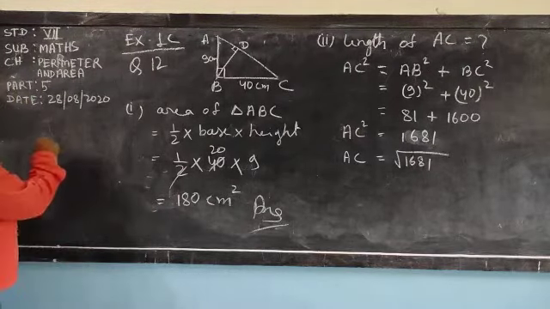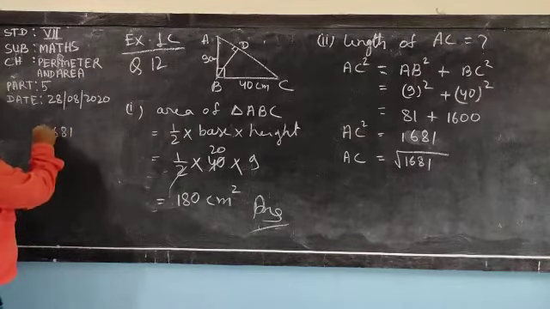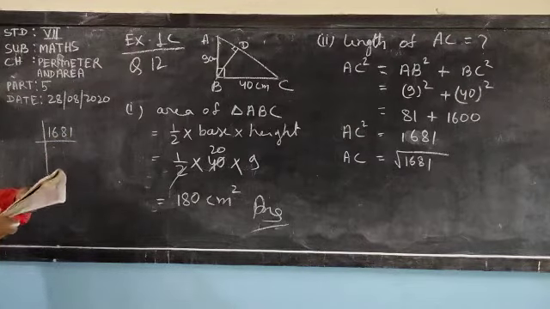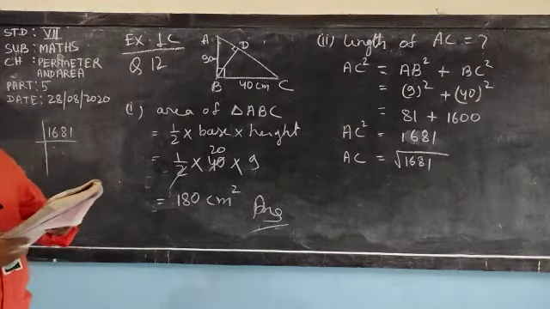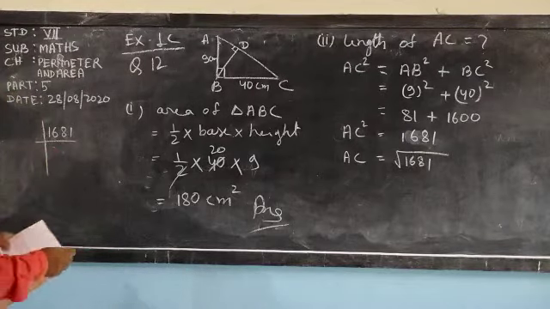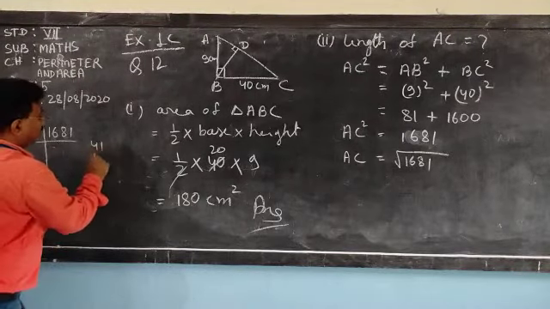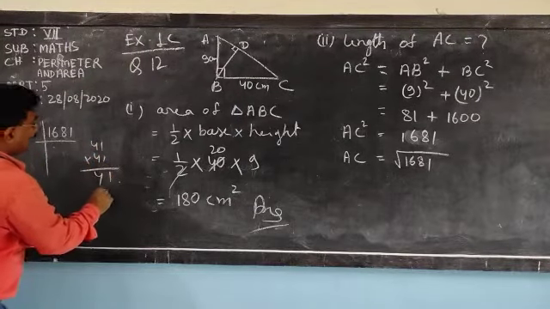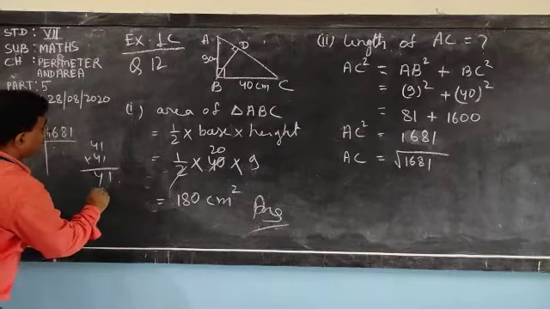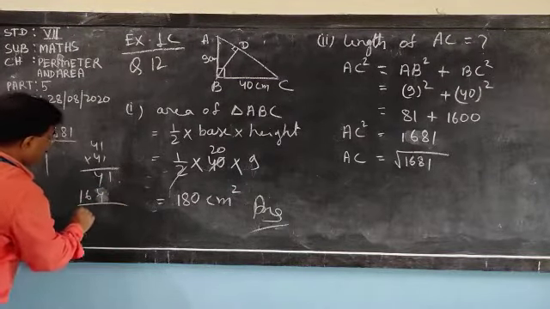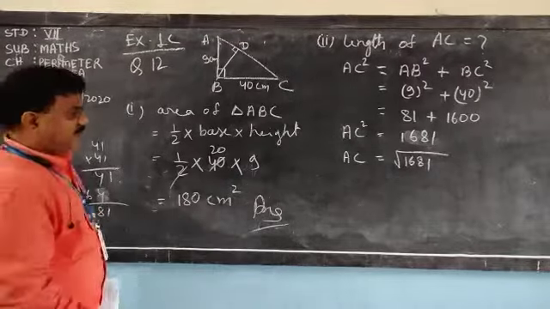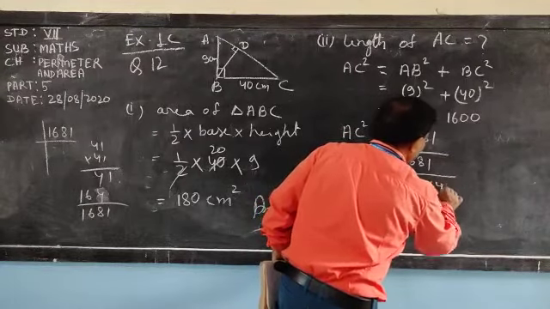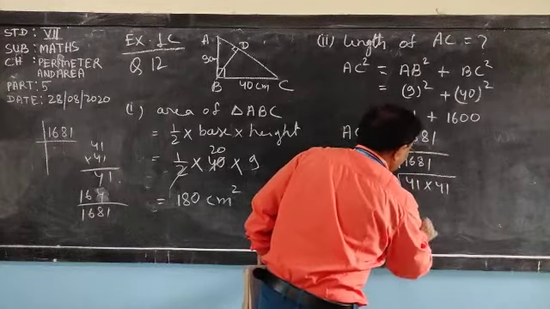We get 41 into 41. We can write AC is equal to root over 41 into 41, and 41 will come out.